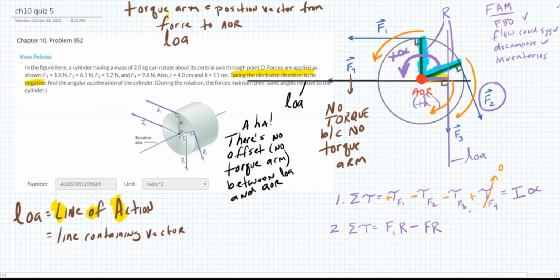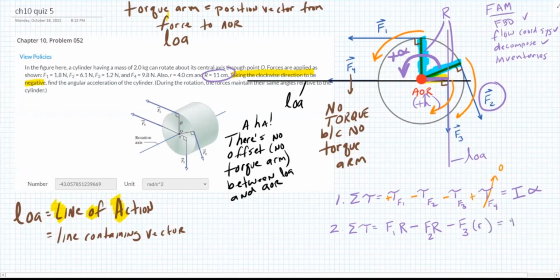F3 is also a negative. The force trying to produce this torque is F3. What's the torque arm? It's that little r. Little r for me is 11 centimeters. I'll just write it as little r for now.